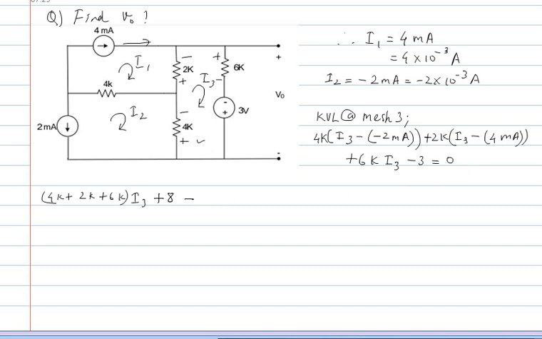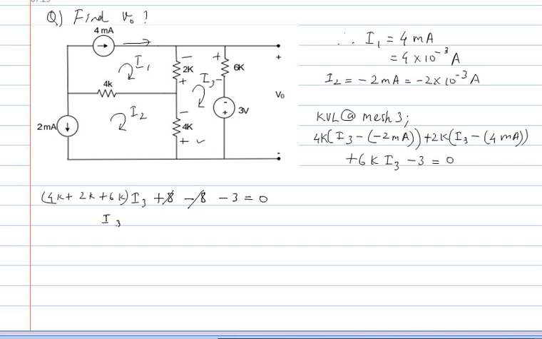K and milli will cancel out. So 4 2s is again going to be 8. So minus 8. And then what is remaining is minus 3 is equal to 0. So 8 plus 8 minus 8 will basically cancel out, and therefore I will get I3.